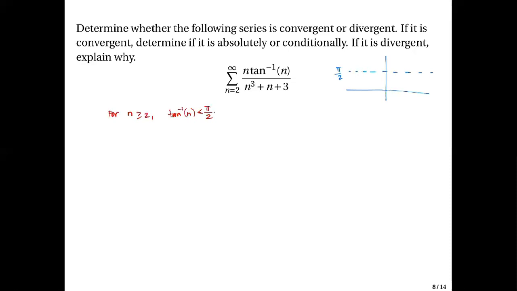Tangent inverse is something like this. And of course, you have something below here. The asymptote is negative pi over 2. Okay? So, you have to remember that. So, for any n greater than or equal to 2, tangent inverse of n will always be less than pi over 2. So, from here, you may already have an idea of what comparison we will do.